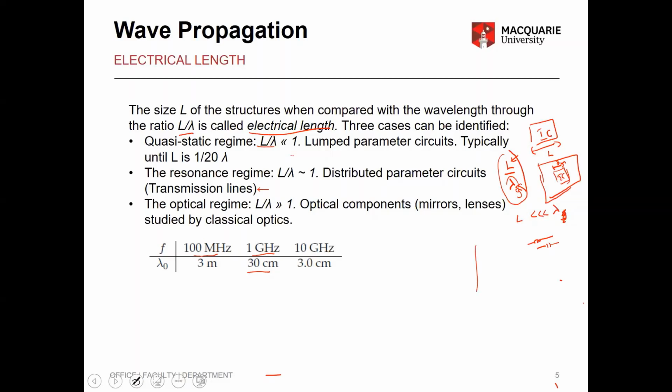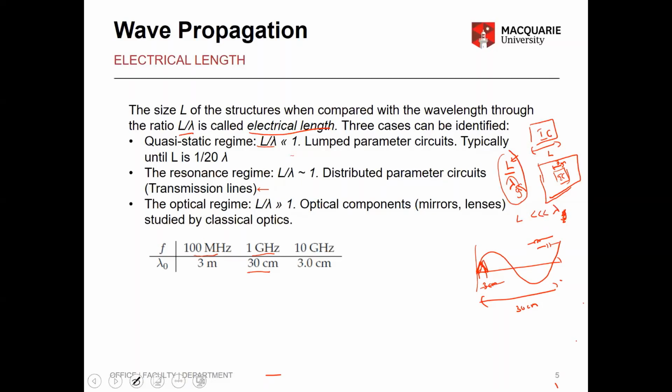But compared to the wavelength, the IC dimension is too small. So the voltage variation along the IC is negligible.